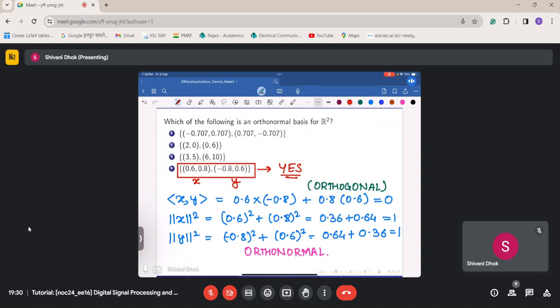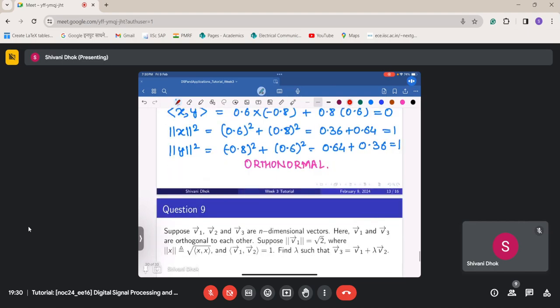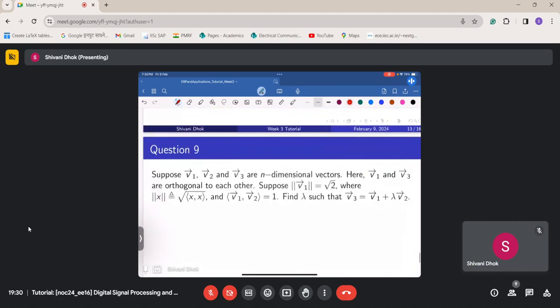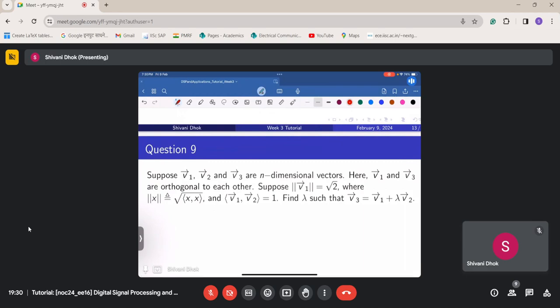Okay. If there are no questions, then let us go ahead with the ninth question that I have planned. What it says is, suppose V1 bar, V2 bar and V3 bar are n-dimensional vectors, where V1 and V3 are orthogonal to each other. So what information do we have? We have three vectors V1, V2, V3 which are n-dimensional, and it is given that V1 and V3 are orthogonal.